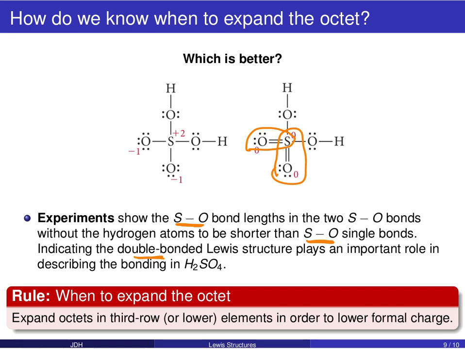That means this model is getting us closer to what's actually happening when we compare our model to experiment. So our rule is simply to expand octets in third row or lower elements when we can lower the formal charge in doing so.